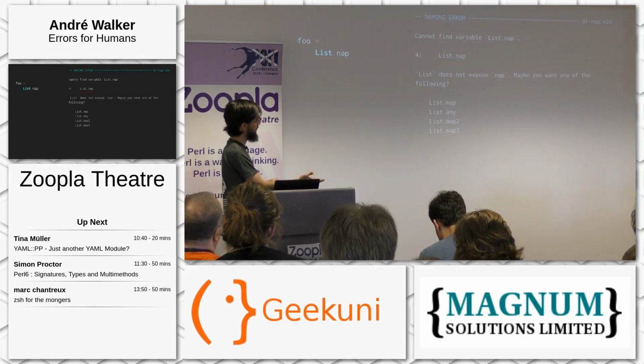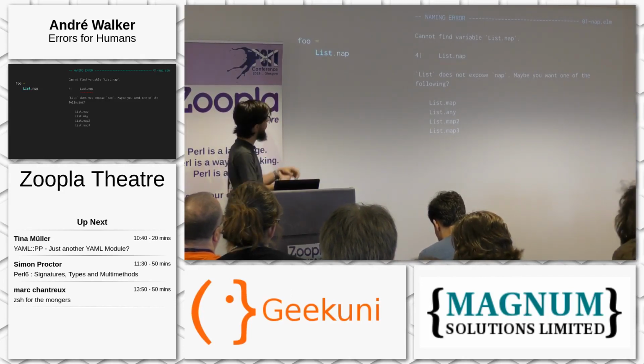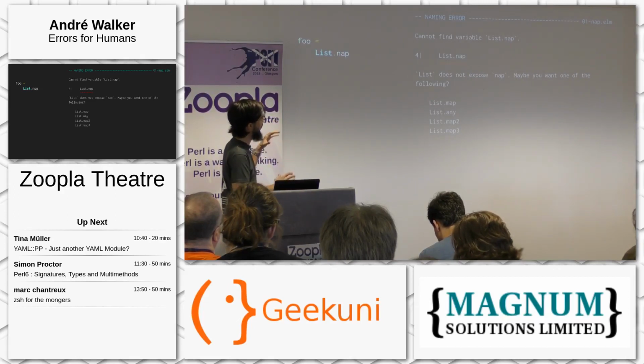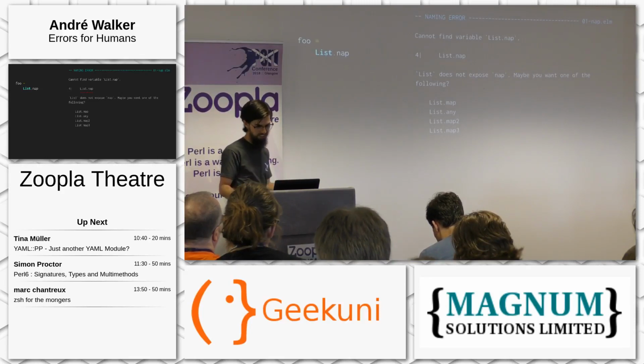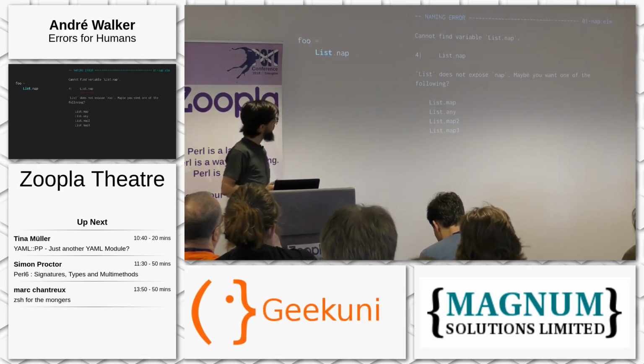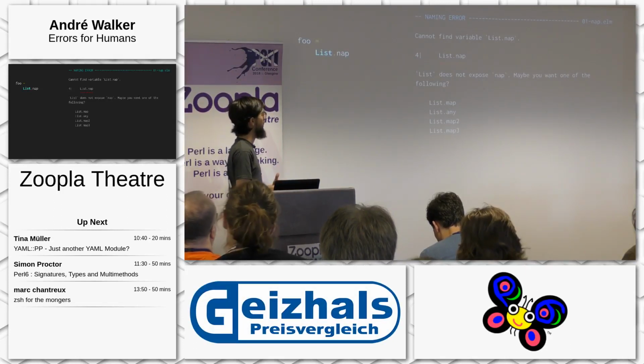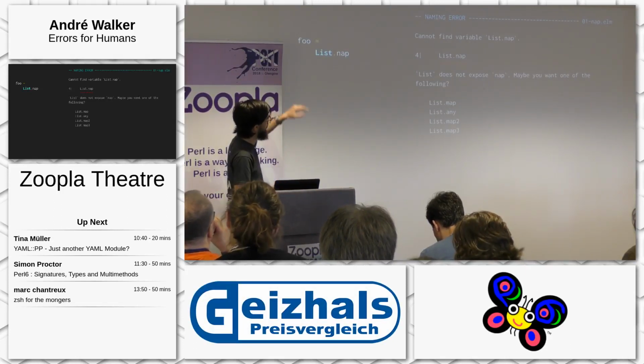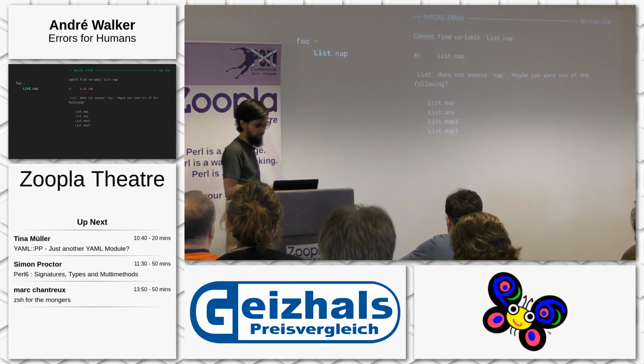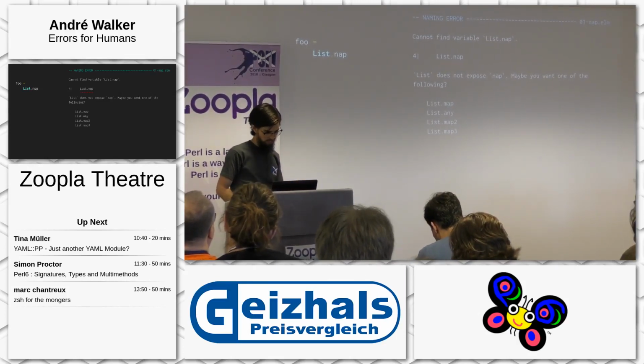Maybe you want one of the following, so it gives you the list. There's a lot of white space, so you don't have everything crammed together. The text breathes, so to speak. The colors are used to reinforce what's being said: blue at the top, the red thing, and the rest white.